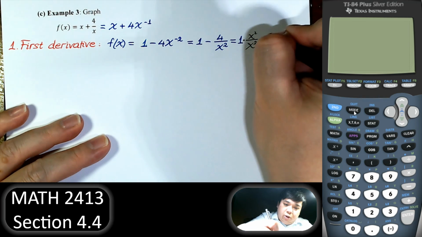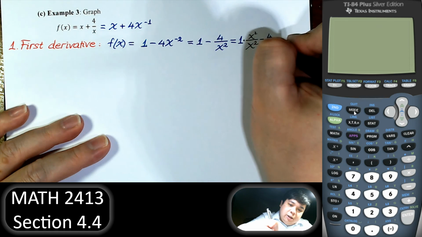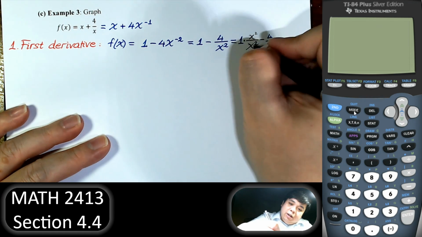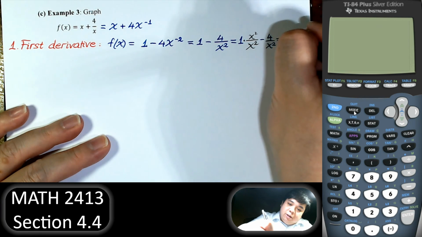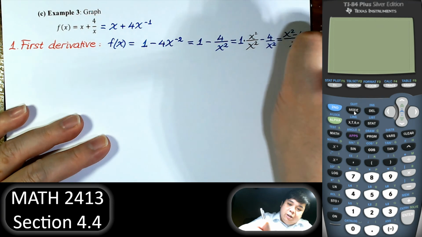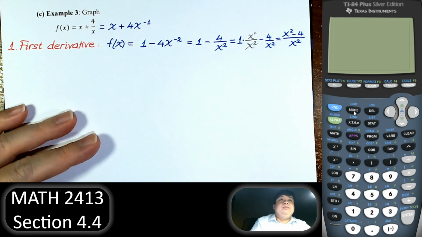And minus 4 over x squared. I put them together. We have x squared on the top, minus 4 over x squared. So that is the derivative.